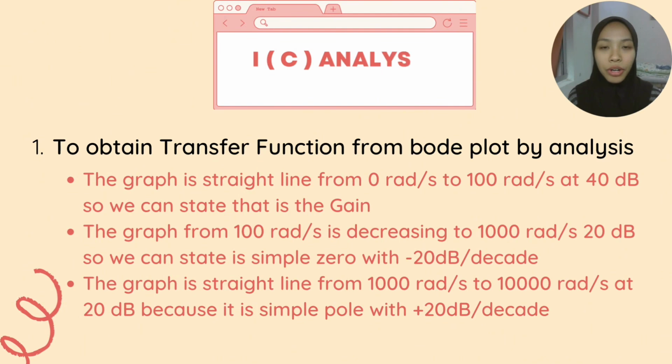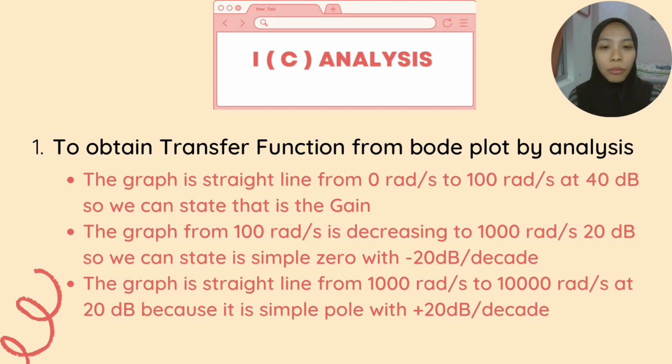So next for the IC analysis, to obtain the transfer function from the plot by analysis, the graph is a straight line from 0 rad per second to 100 rad per second at 40 dB, so we can state that is the gain.